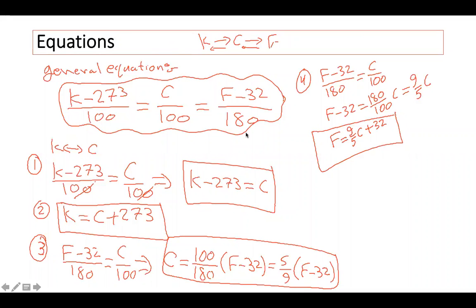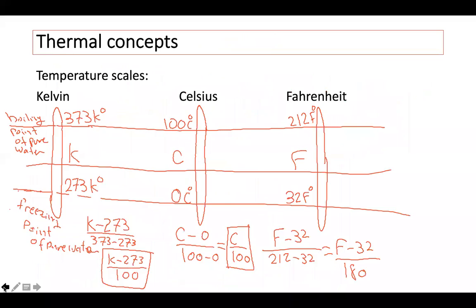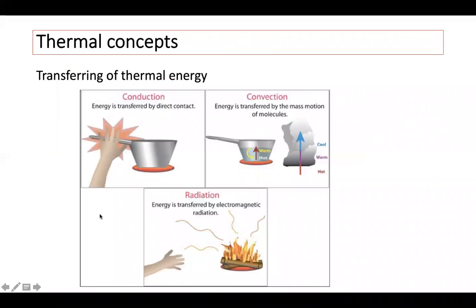So what are the ways of transferring thermal energy? There are three: conduction, convection, and radiation. Conduction happens when two objects are directly attached or in contact with each other.